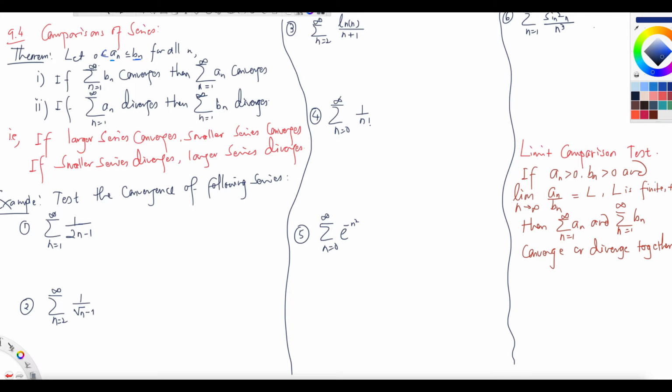If the series of the bigger terms converges, then the series of the smaller terms converges. And that's obvious, right?